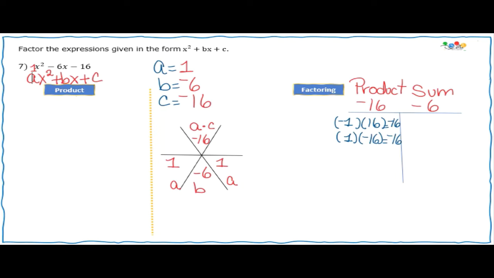So now I'm going to do the sum. Don't forget that the 1 is negative, and I'm going to add that to a 16. That gives me a +15, if you remember. Next one is a +1, still plus because it's a sum, but it's a -16. So I do get a -15.